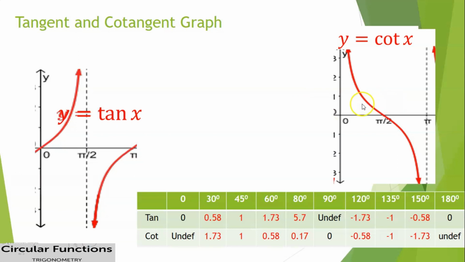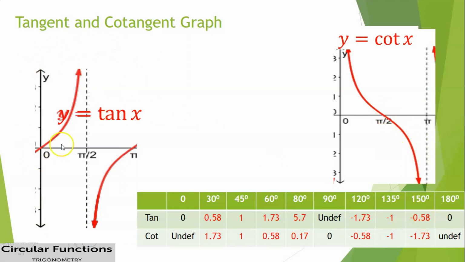Well, the graph for cotangent, from 0 to 90, from undefined going to 0, is decreasing. Then from 90 to 180, it is also decreasing infinitely until negative infinity.